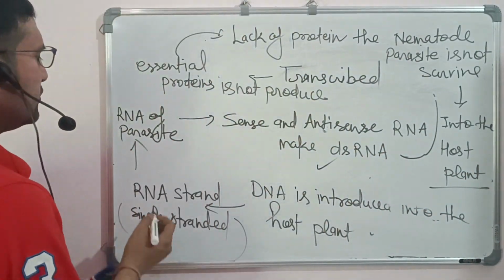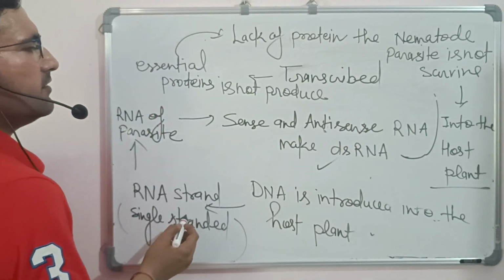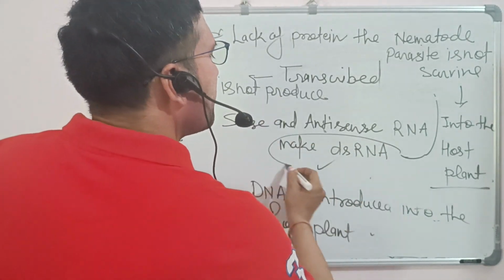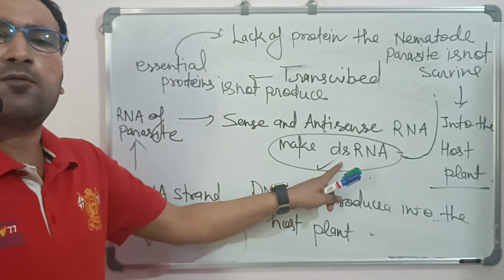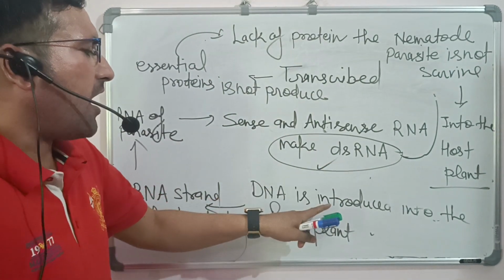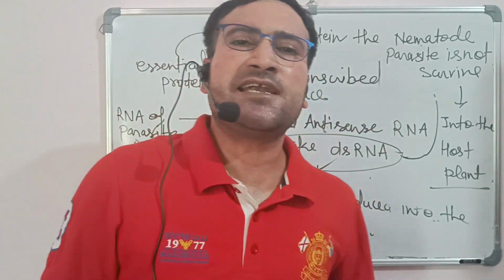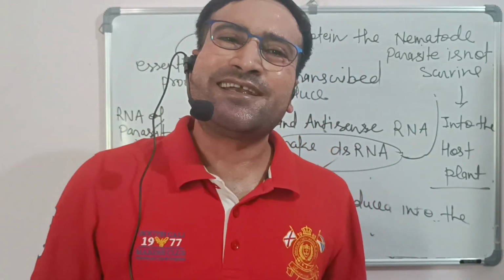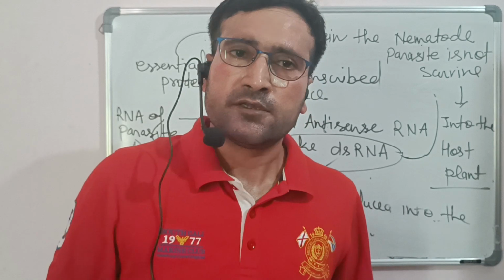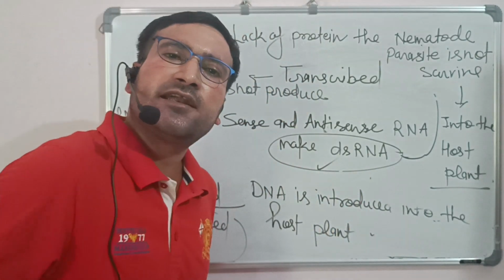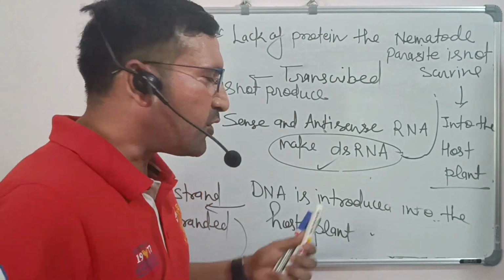So due to the double stranded RNA formation, the RNA interference takes place, because only single stranded RNA is translated into the form of protein. So double stranded RNA is not translated, the protein synthesis is not possible.